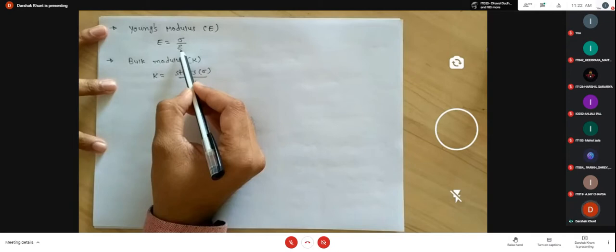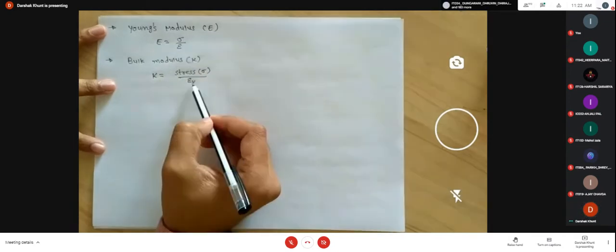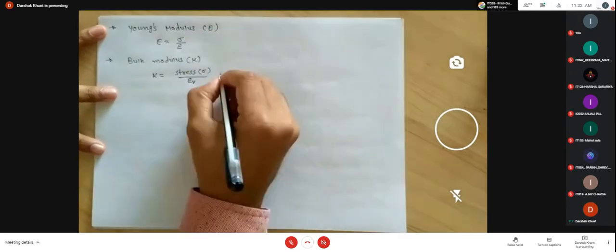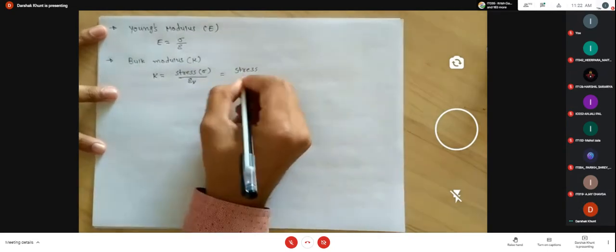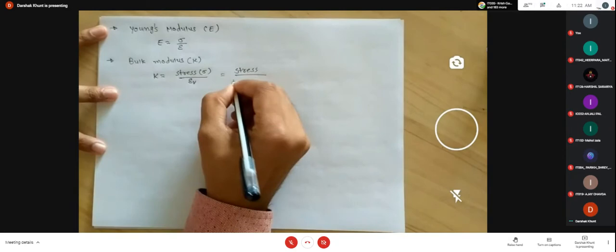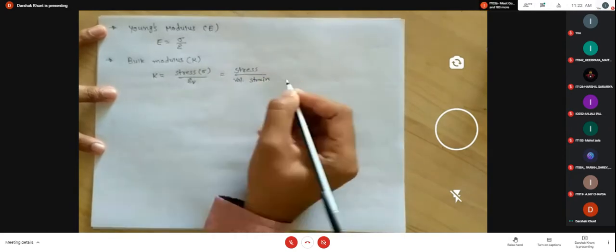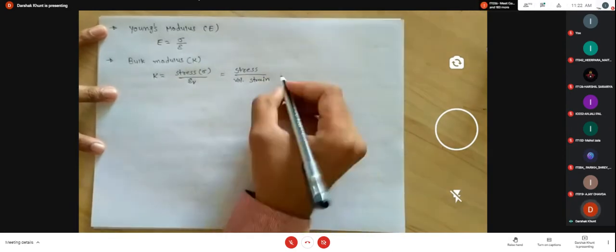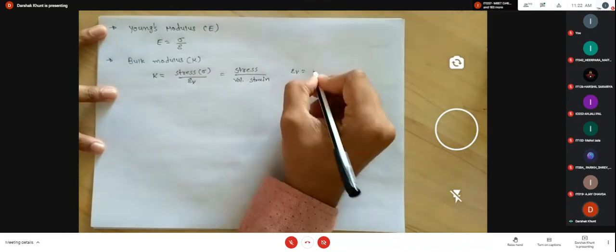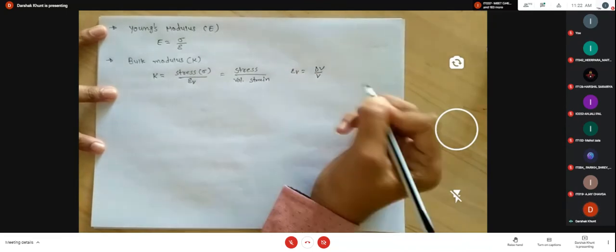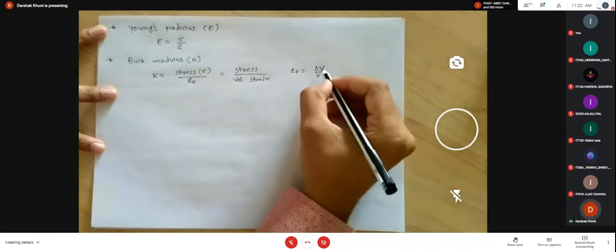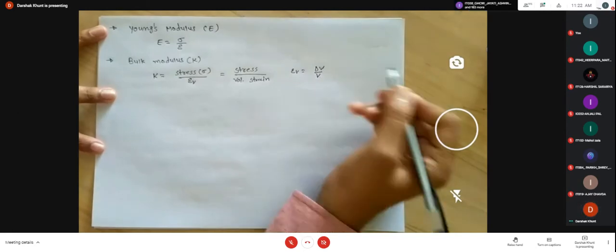But if you consider the volumetric strain, it is known as bulk modulus. And volumetric strain is defined as delta V by V, change in the volume by original volume.